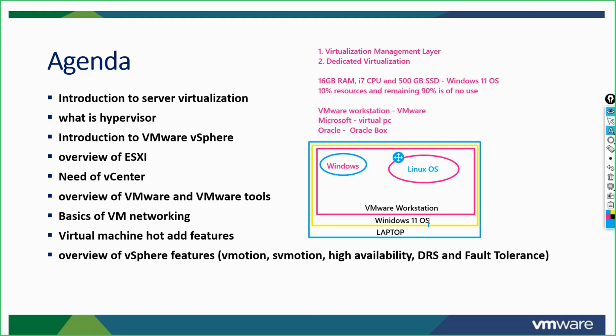So your VMware Workstation is dependent on your host operating system, that is your laptop operating system, which is nothing but Windows 11 in our case. And I can say that this operating system, Windows 11, is actually managing the virtualization software. Right or wrong? Your Windows 11 operating system is managing your VMware Workstation, that is your virtualization software.